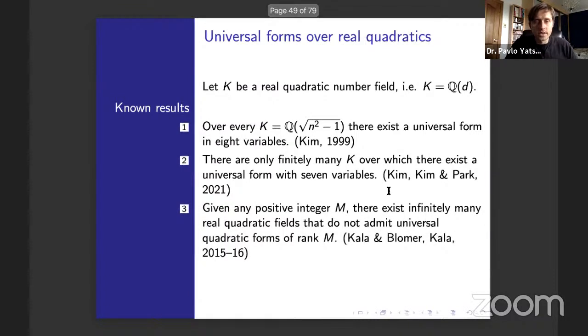This is known, and as a result of Kala, Blomer, and Kala, we show that for any positive integer m, there exist infinitely many universal quadratic forms that do not admit a quadratic form of rank m. All that means is that there doesn't exist a bound, based on the degree of the extension, on the number of variables you need to represent all the totally positive integers in the real quadratic number field.